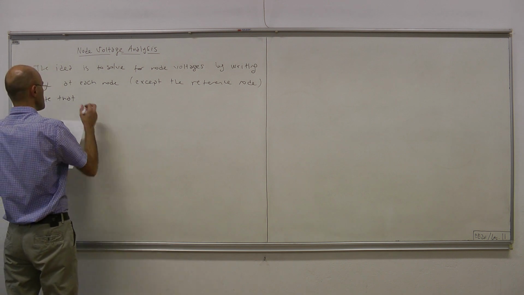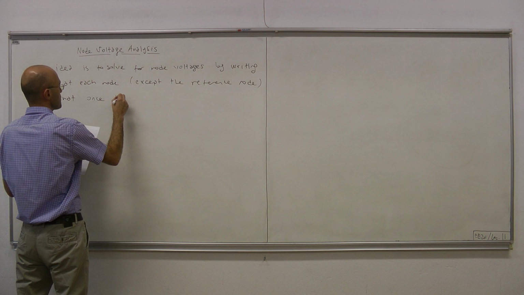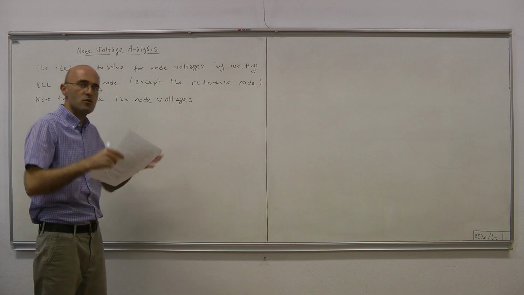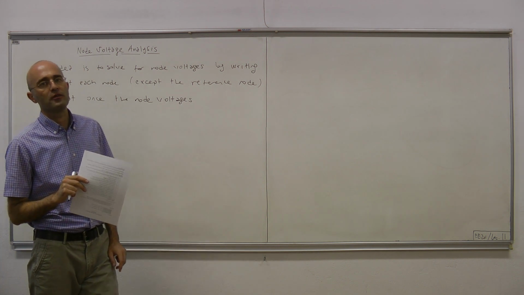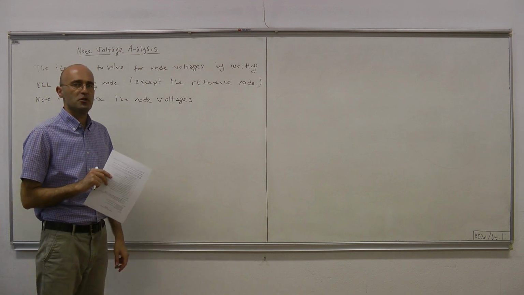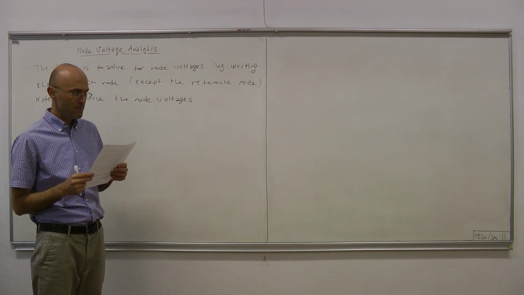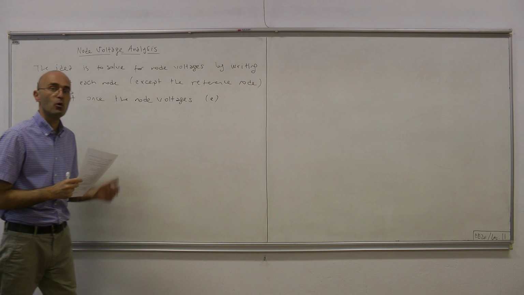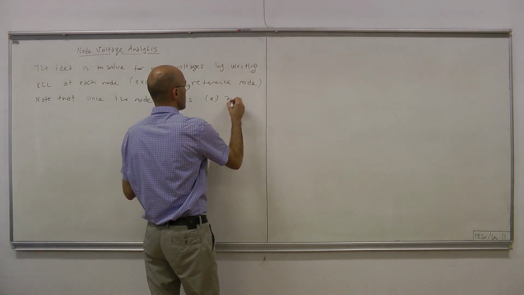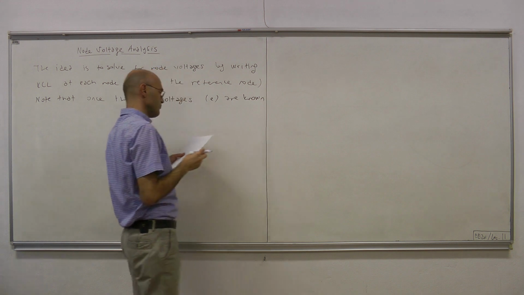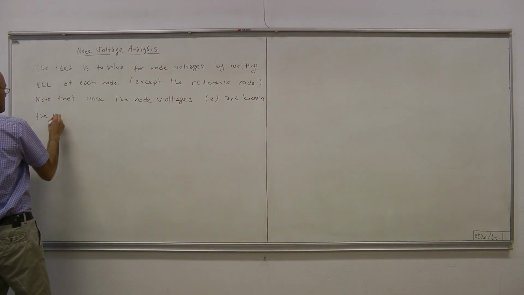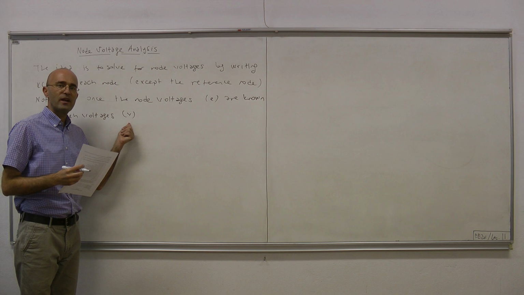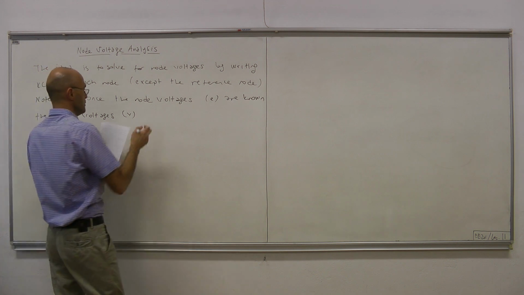Note that once the node voltages E1, E2, E3 are known, and remember that we stacked all those node voltages into a vector which we called the node voltage vector, denoted by the letter E, the branch voltages, which make up the vector V, can be computed easily.